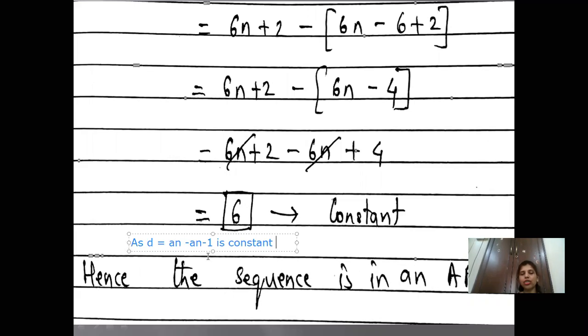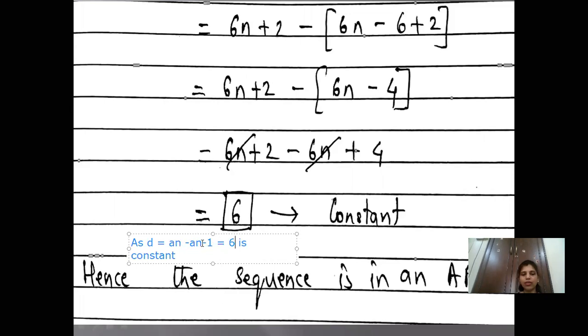So you just mention that as d, you have got the value as 6 and it is constant. So therefore the sequence is in an AP.